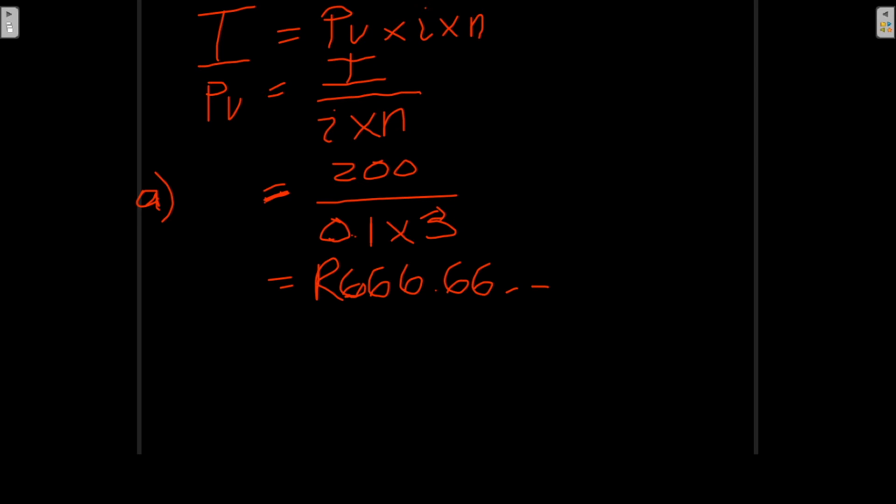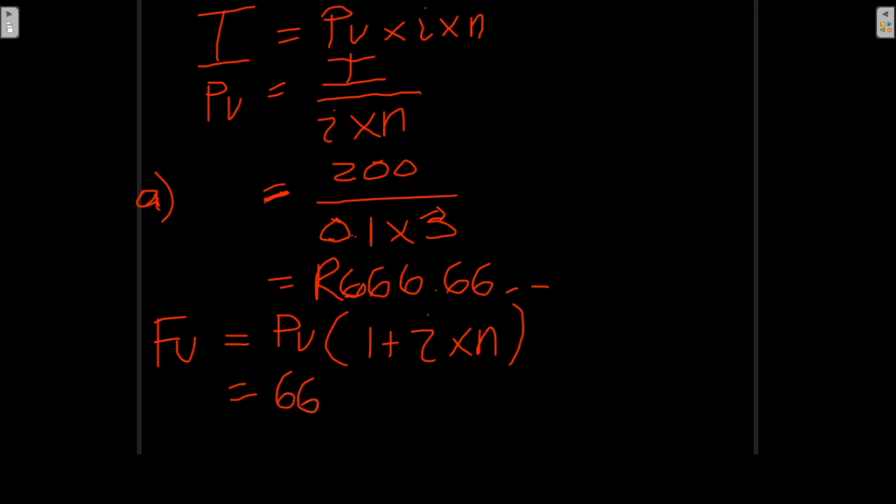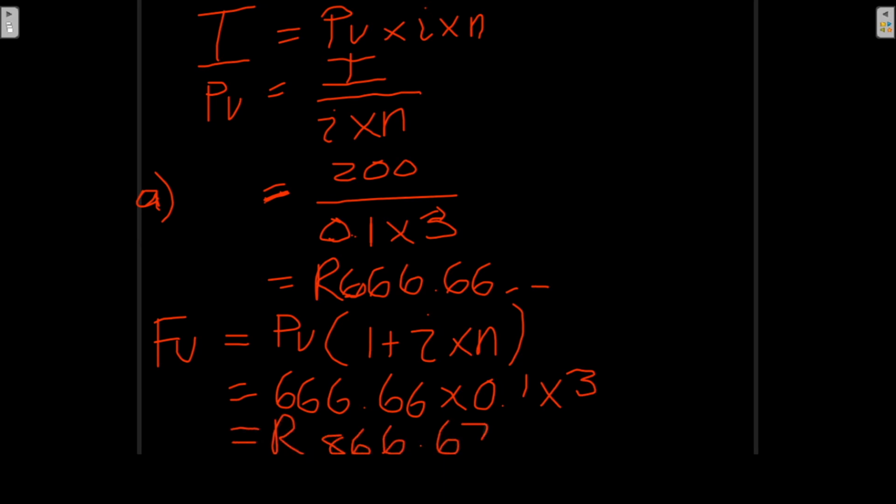Okay, and now I can do my substitution. My future value is my present value times (1 plus i times n). So my present value, which I've calculated just now, gives okay, so 866 rands and 67 cents.